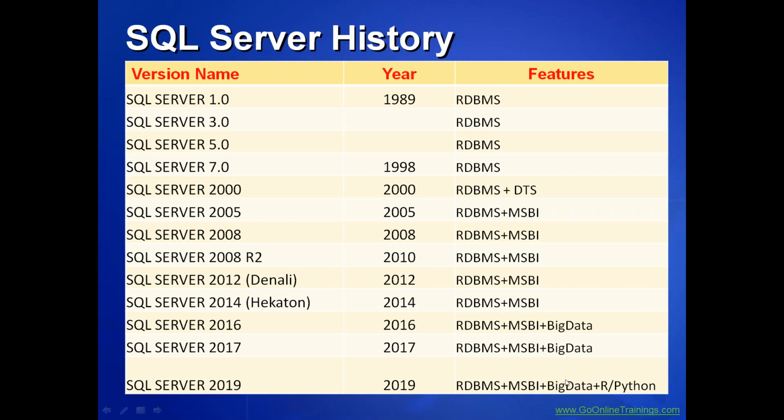In this, they have integration with big data also. That means, as I told you, Hadoop is storing data and processing data. MSBI can go there, get the data, and you can process it. That is what big data integration is.